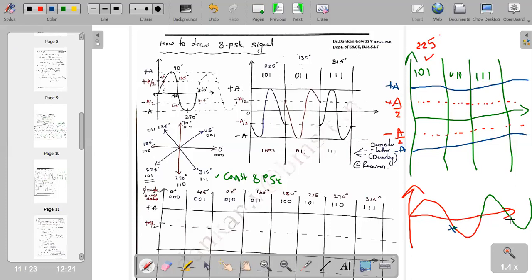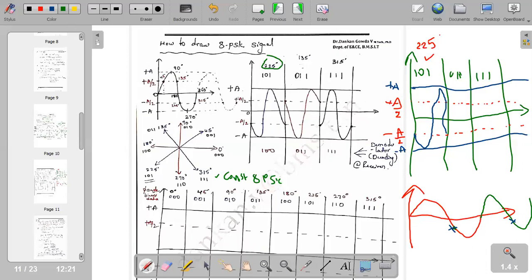So write the signal. Start from this point, that is at minus A by 2, to one complete cycle, till again the minus A by 2 at this point. So that is your phase angle of 225 degrees.